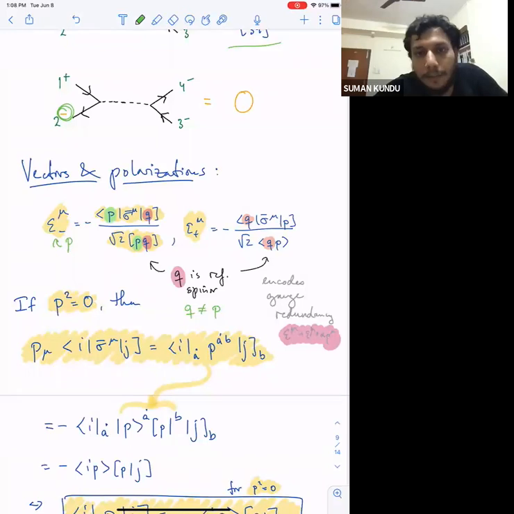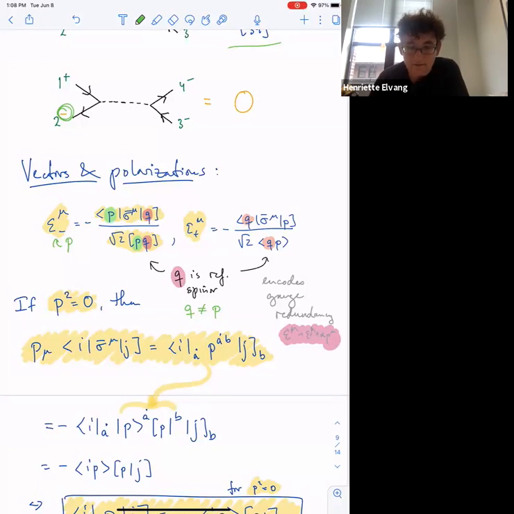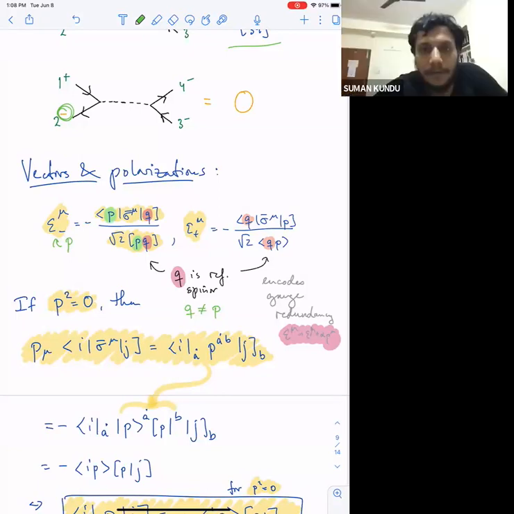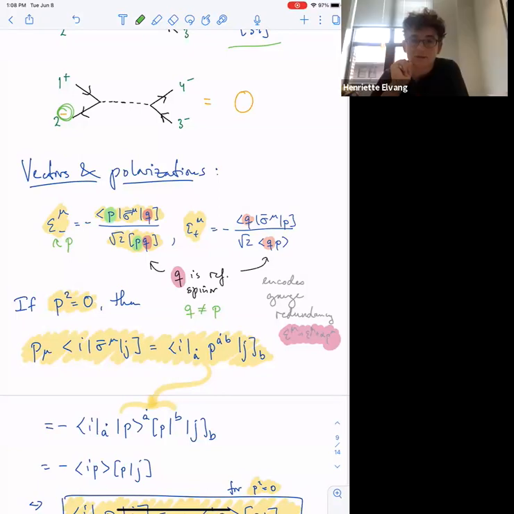So Q can be anything. And in fact, in the final expressions for an amplitude, Q will have to drop out. And it's a nice exercise to take the cubic vertex, for example, from Yang-Mills theory and verify that Q really will drop out.